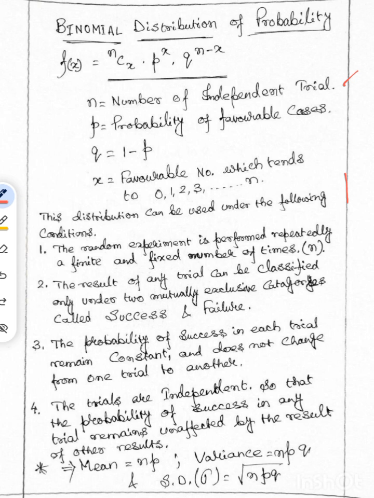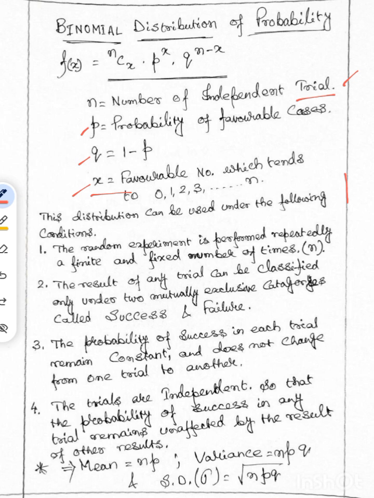Probability p equal to probability of favorable cases and q equal to 1 minus p, and x is the favorable number which tends to 0, 1, 2, 3 up to n. That is n number of independent trials. Our favorable case is x, so we want to get the probability of x.